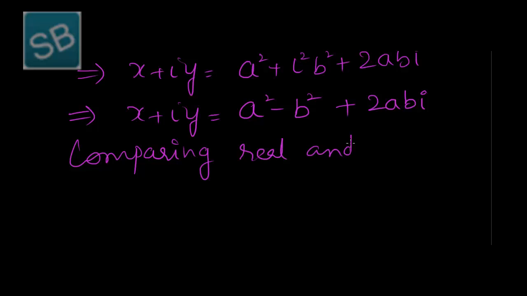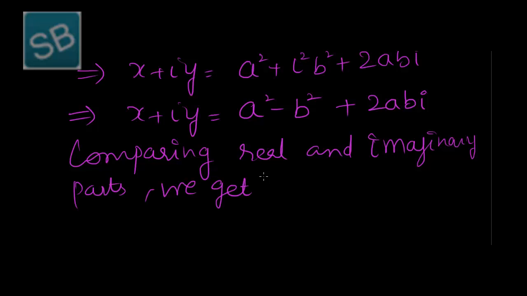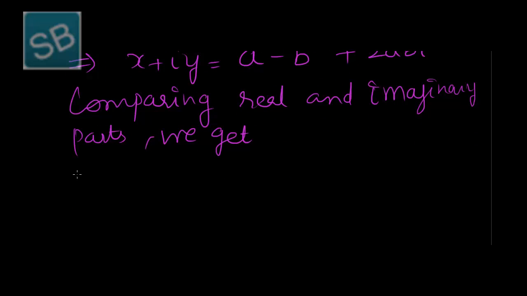Now comparing real and imaginary parts, we get x is equal to a square minus b square and y is equal to 2ab.